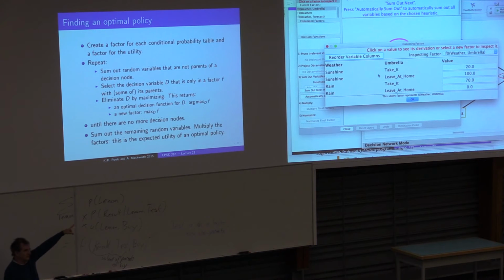I can't implement this. I can say if it's sunshine, I should leave it at home, and if it's rain, I'll take it, but I can't implement that because I don't know whether it's going to be sunshine or rain. I only see the forecast. Okay? Any other questions?